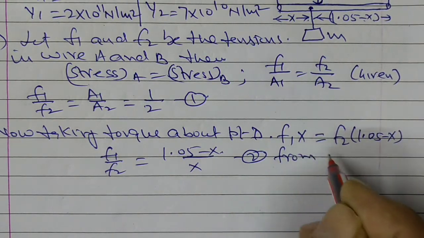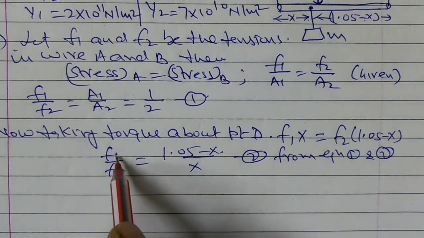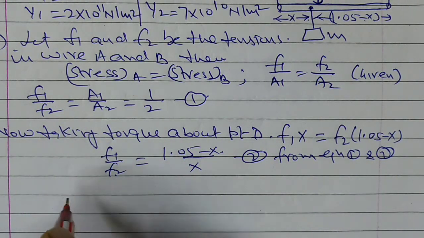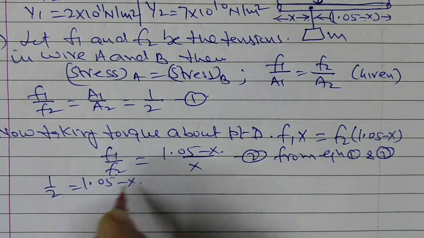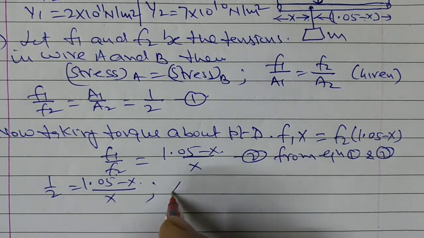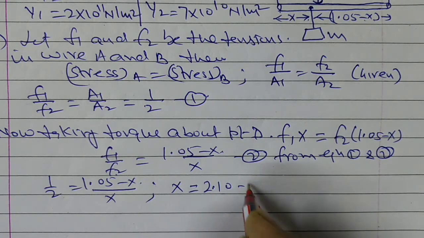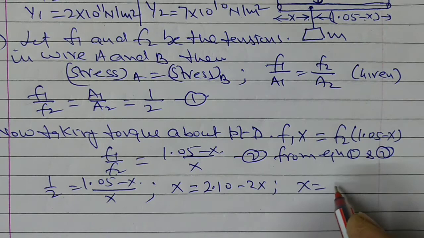Hence from equation 1 and 2, here F1 upon F2 and here also F1 upon F2, therefore 1 upon 2 is equal to (1.05 minus x) upon x. On solving, x is equal to 2.10 minus 2x, and from here x is equal to 0.7 meter.